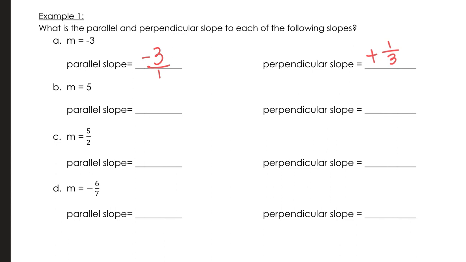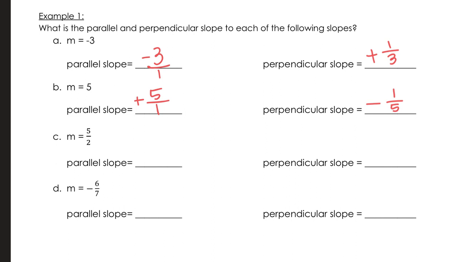So the parallel slope would be exactly the same. Positive, if you want to really show, and it's not a fraction, so +5 over 1. To say the perpendicular, we got to make those two changes. Since it was positive, the perpendicular would be negative. And we need to flip our fraction, so 1 over 5.